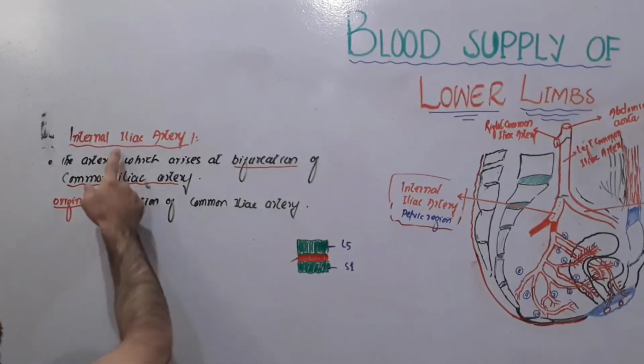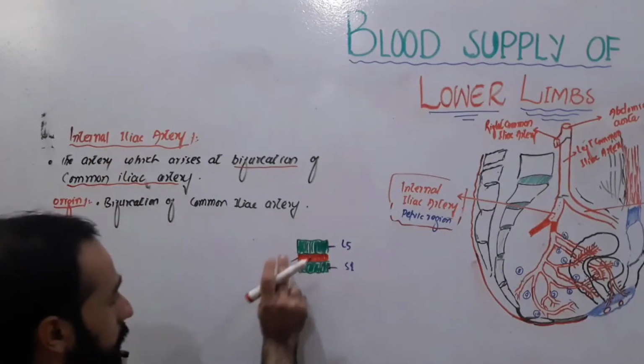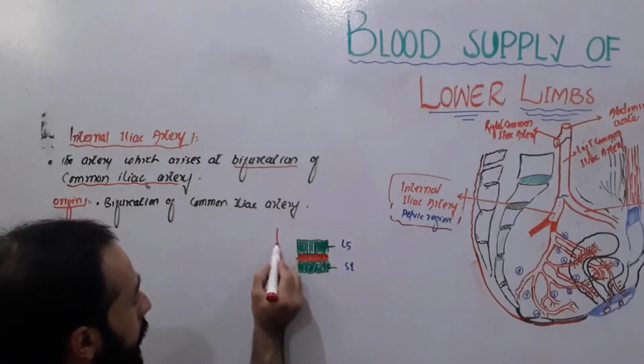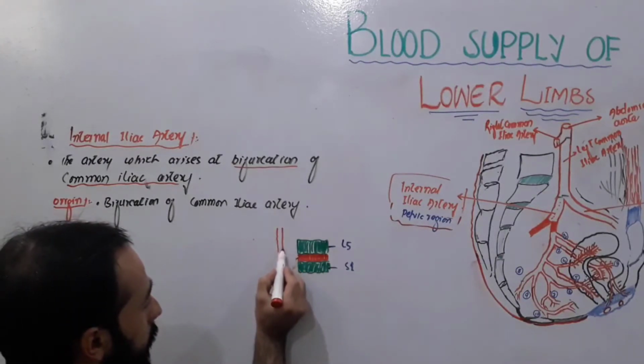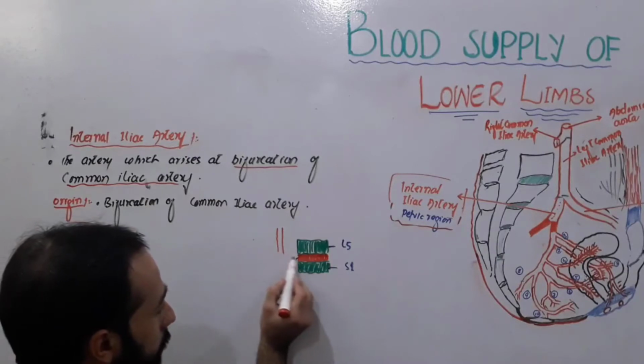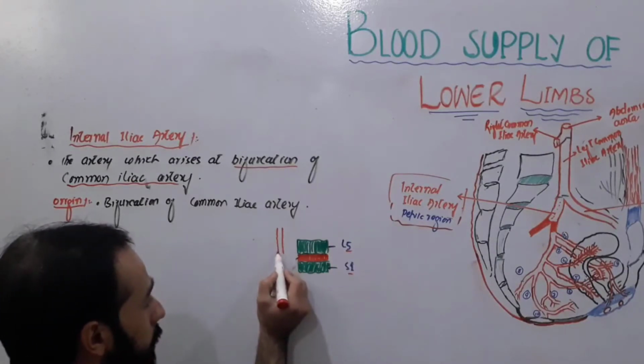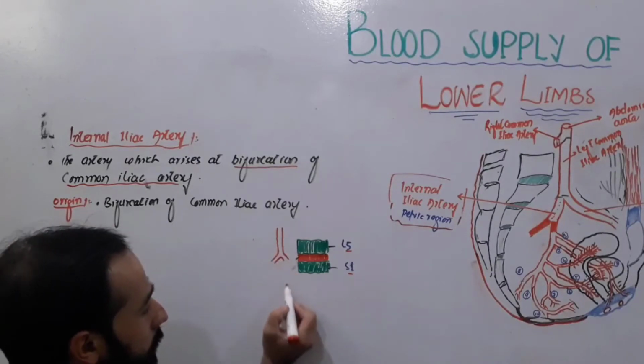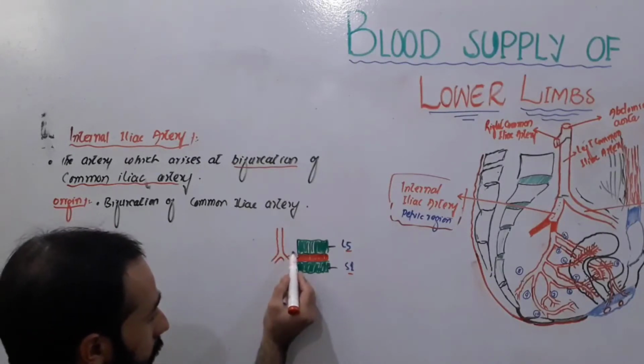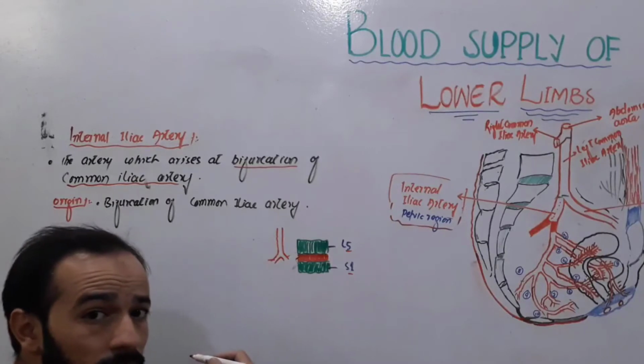So this artery, the internal iliac artery, look carefully. This is our common iliac artery coming down, and at the level of the intervertebral disc between L5 and S1, this artery gives off two branches like this. This is our external iliac artery and this is our internal iliac artery.